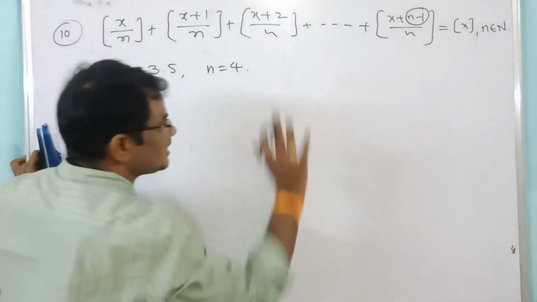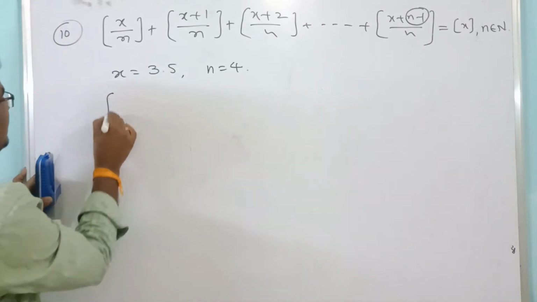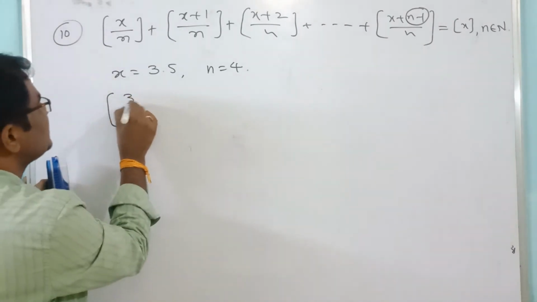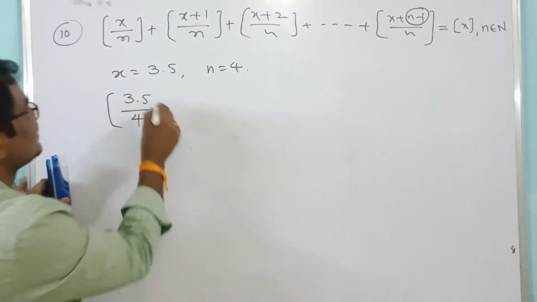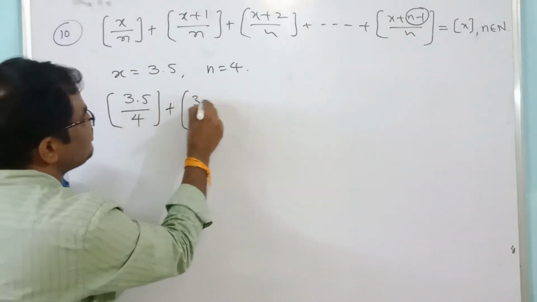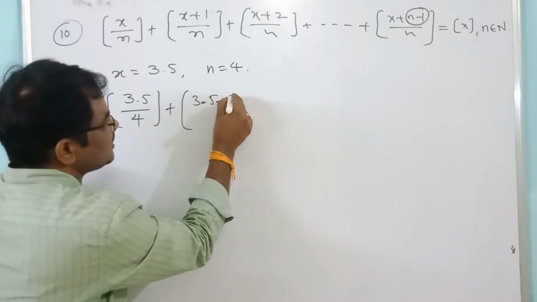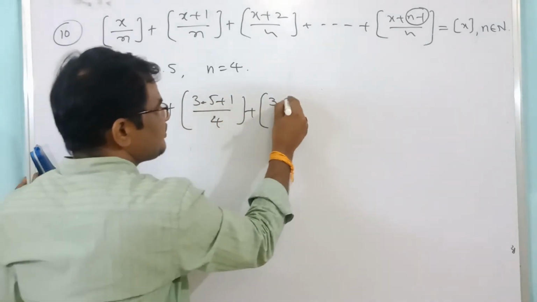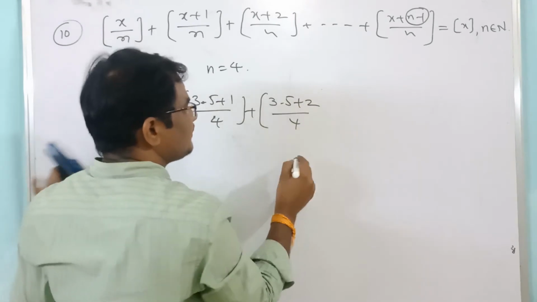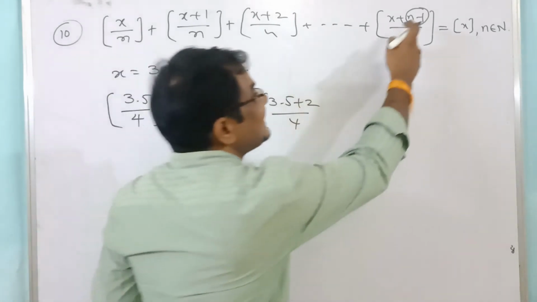Substitute, satisfied or not? Floor of 3.5 by 4, plus floor of 3.5 plus 1 by 4, plus floor of 3.5 plus 2 by 4, up to where we have to write n minus 1.